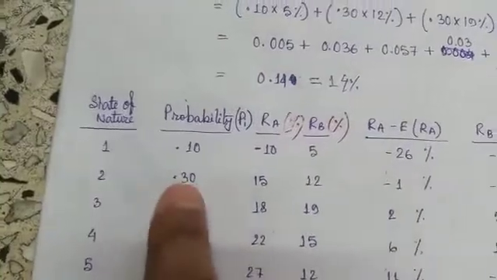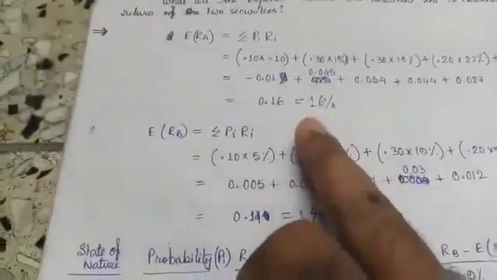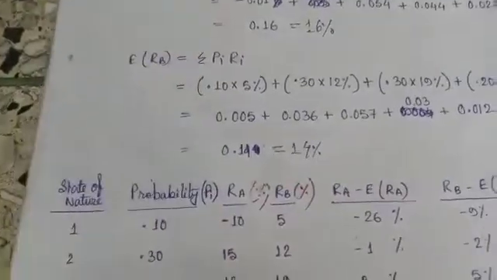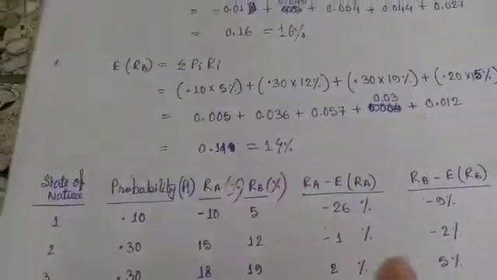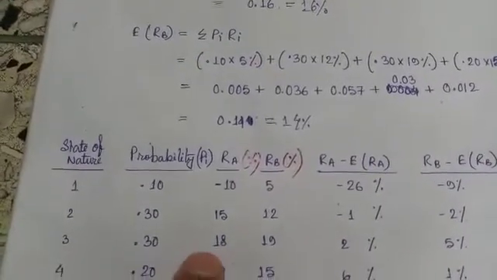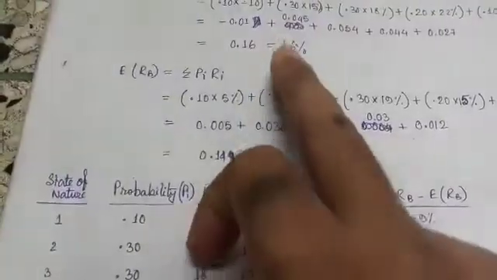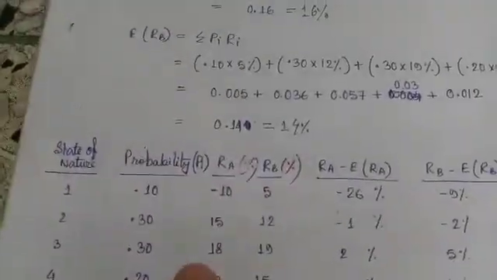Now, for the second state of nature, the return from security A is 15% and the mean return from security A is 16%. So, the mean deviation is 15% minus 16%, that means minus 1%. For third state of nature, the rate of return from security A comes to 18%, whereas its mean return is 16%. So, the mean deviation is 18% minus 16%, that means 2%.